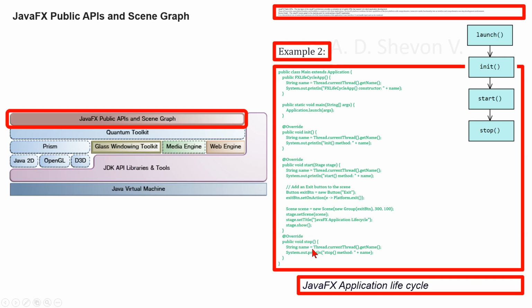Stop. This method is called when the application should stop and provides a convenient place to prepare for application exit and destroy resources. The implementation of this method provided by the Application class does nothing.